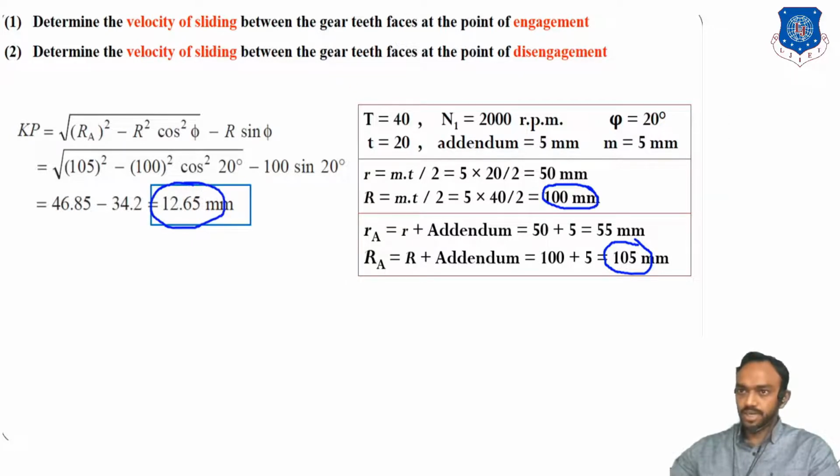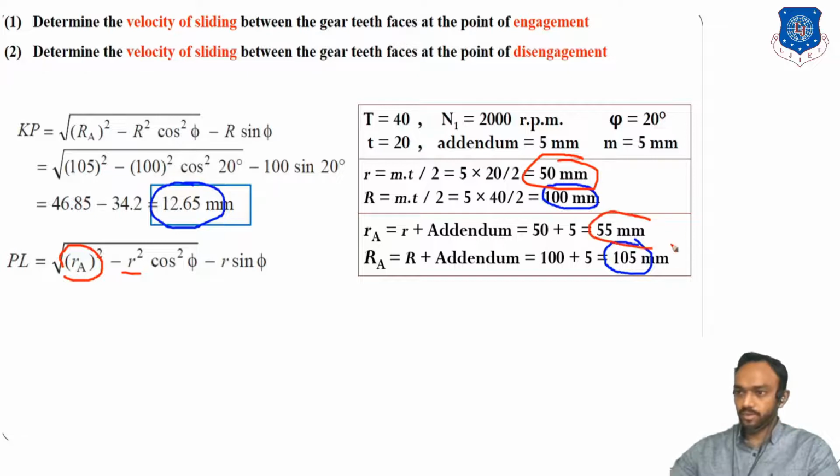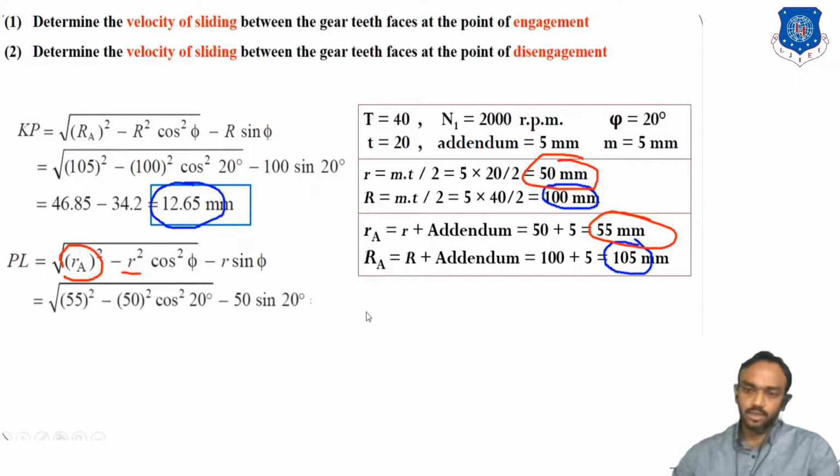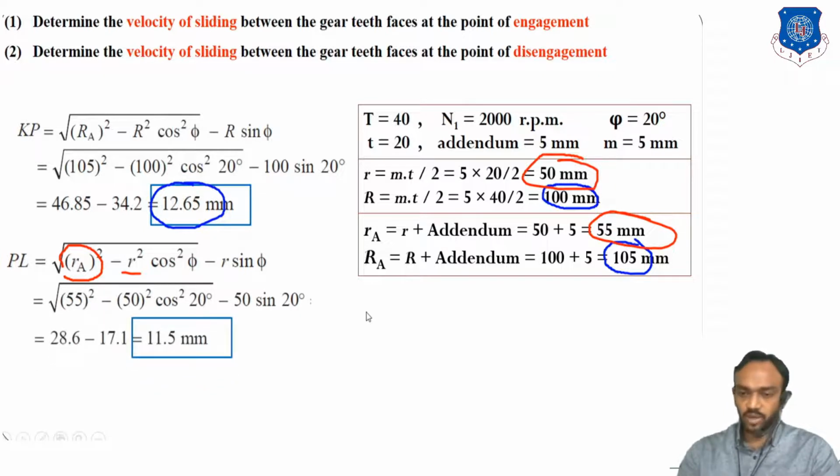After that we will start for PL. The formula is the same, but with small ra and r, whose values are 50 and 55. Put that in the equation and we will find 11.5.